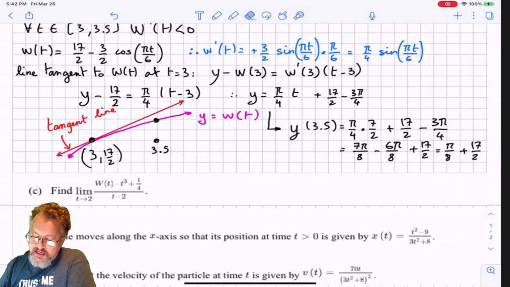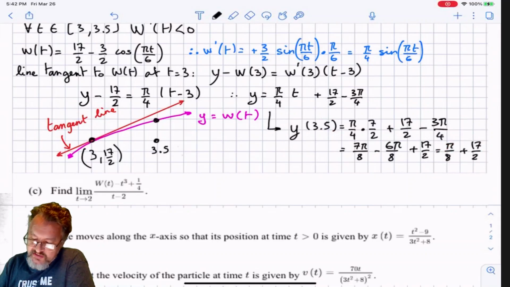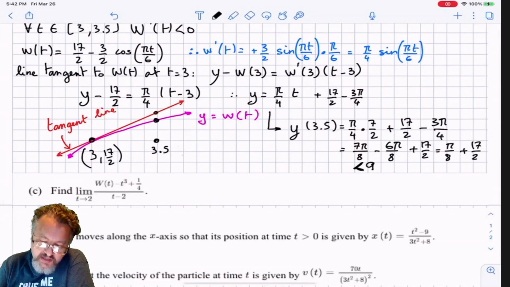Okay, and so we know that this here is approximately 9, a little less than 9, because already we know that pi is 3.14, not 4, right? So we know that this value right here is less than 9. So this value right here, let me put it in red so that it's clear.